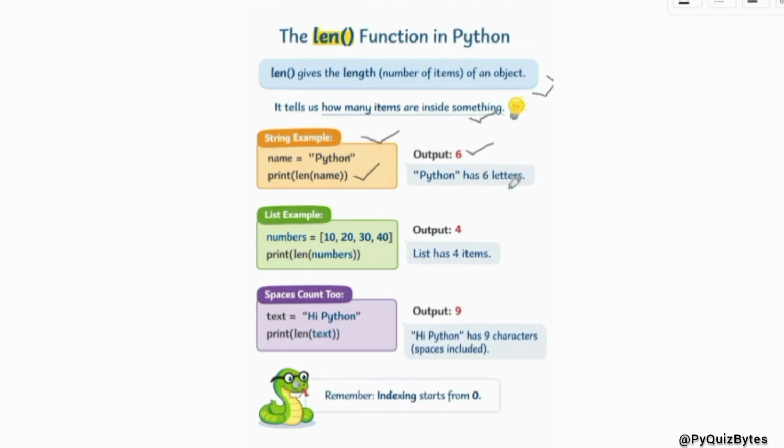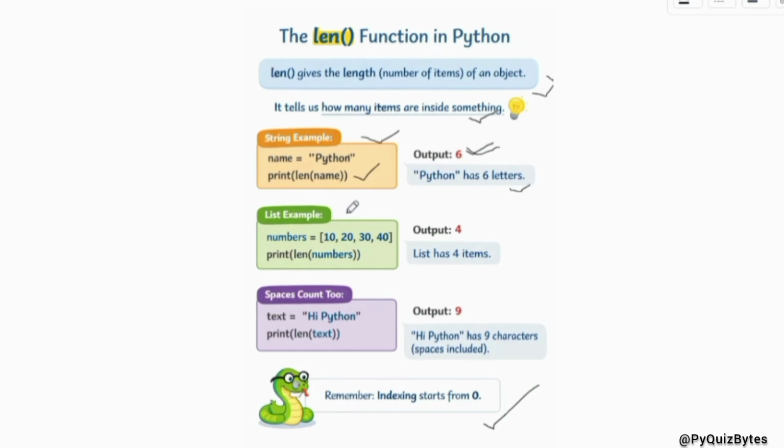It has 6 letters. Remember, indexing always starts from 0, whereas the length function always starts from 1. So 1, 2, 3, 4, 5, 6. Totally Python has 6 letters. That is the reason we are getting the output as 6.